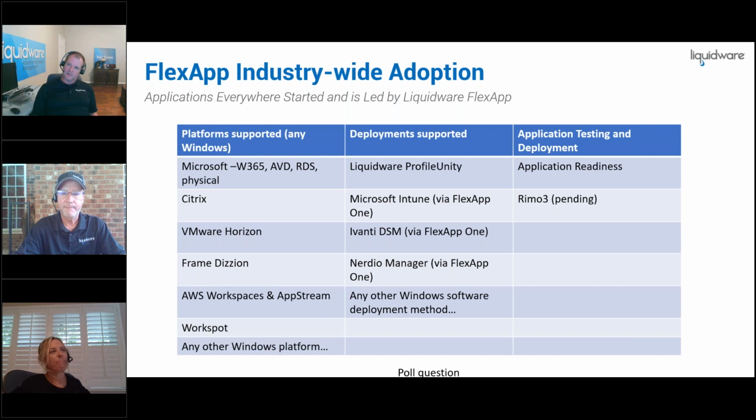So if you're dealing with 20, 30, 40 applications, try to keep them 1-to-1, but start to think about putting them in 1 VHDX per group as a backup to help with performance.